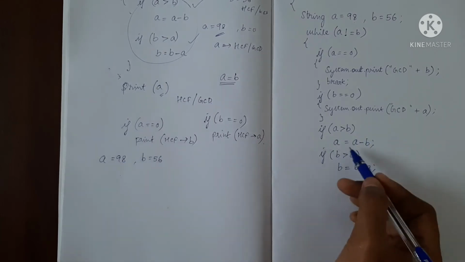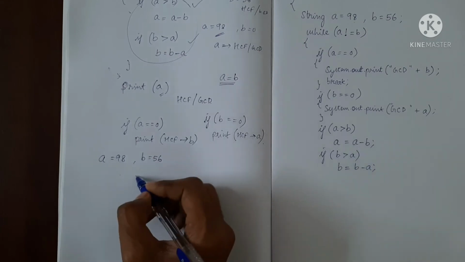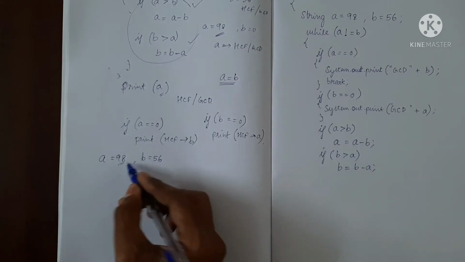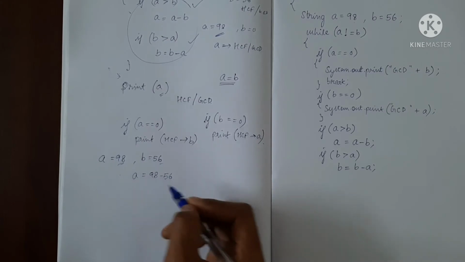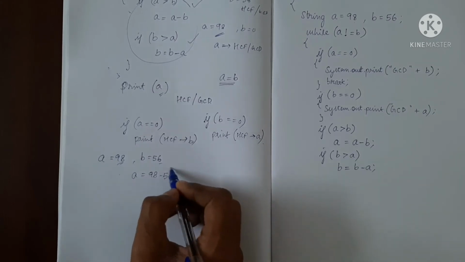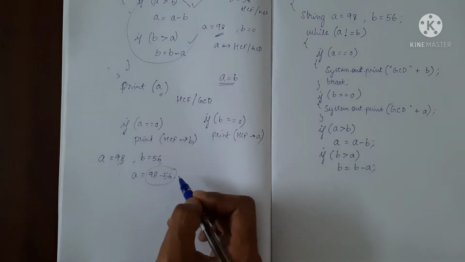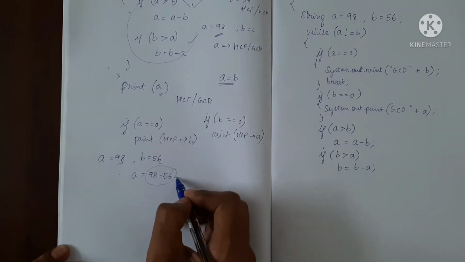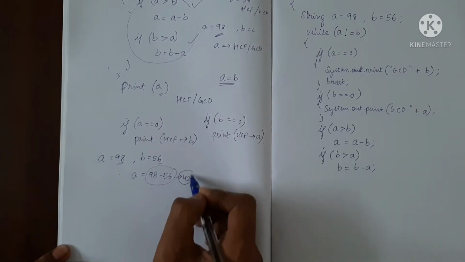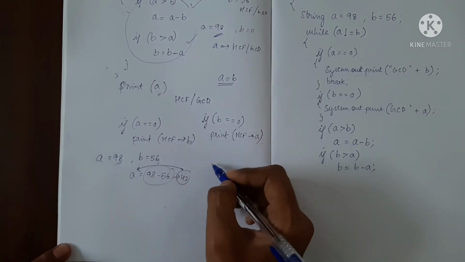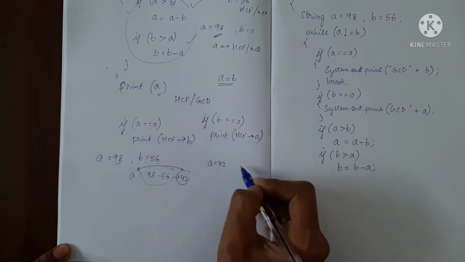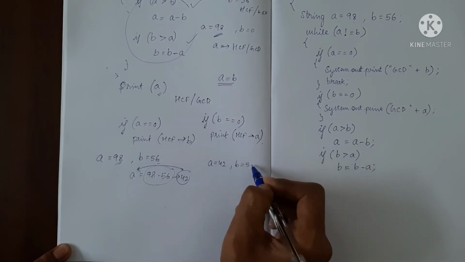So we'll do A equal to A minus B. So A equal to 98 minus B. So what will be the value of this? It is 42. And this 42 will be stored in A. So now our new A is 42 and B is 56.